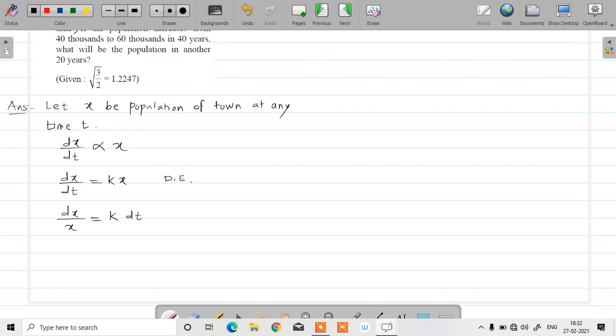So this is the variable separable method. Now integrating both sides, what will you get? Integration of 1 upon x dx is equal to integration of k into dt.